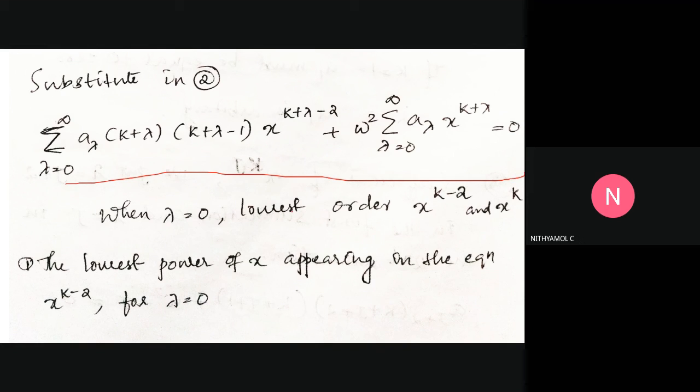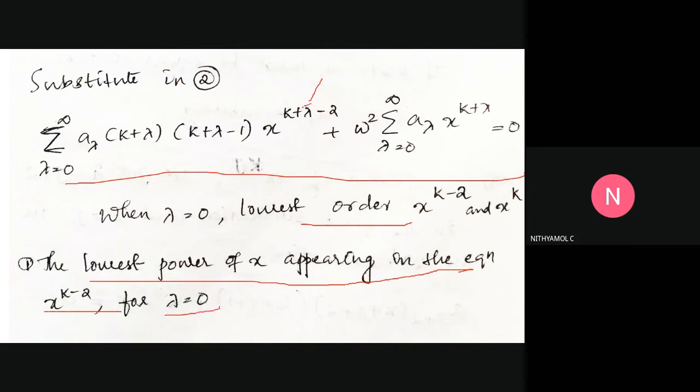Now we have to obtain the lowest order of x, that is when we put lambda is equal to 0. The lowest power of x appearing in the equation is x to the power k minus 2, for lambda equal to 0.